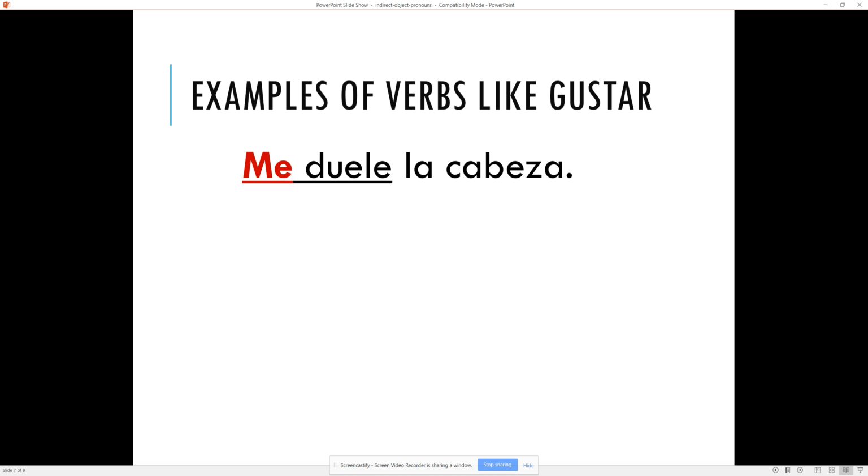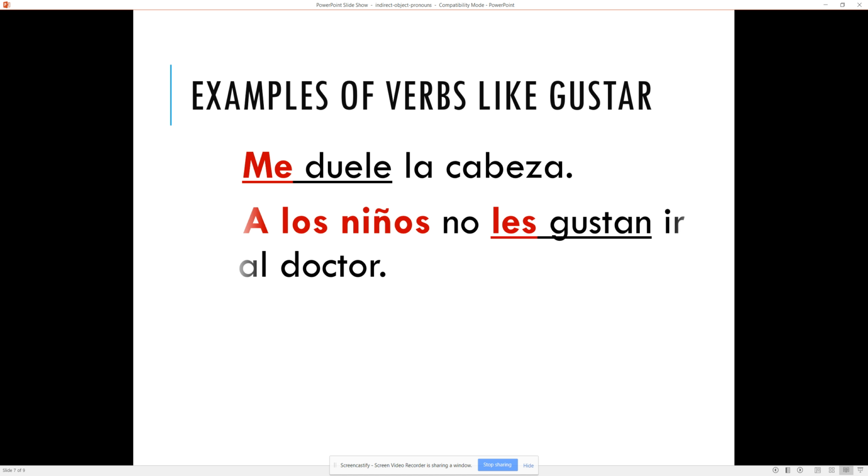Here are some examples. Me duele la cabeza. I do not know why, but to say me duele mi cabeza is considered rude. Me duele is kind of like saying my head hurts me. And a los niños no les gusta ir al doctor. That means they do not like going to the doctor.